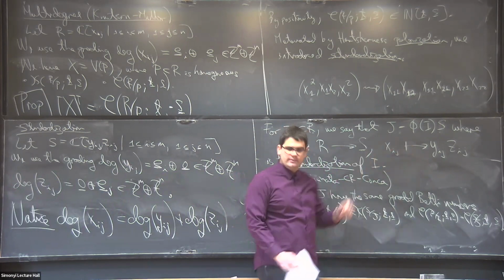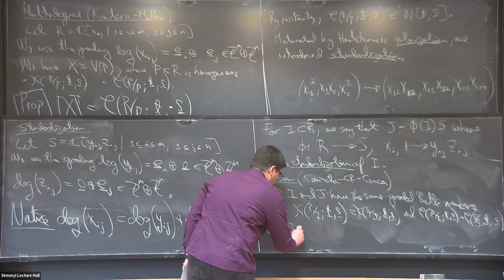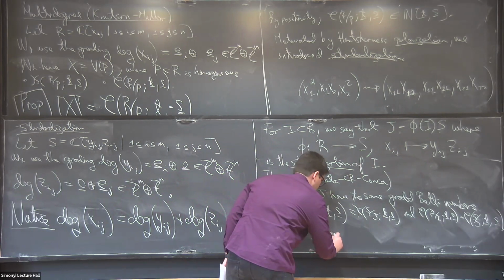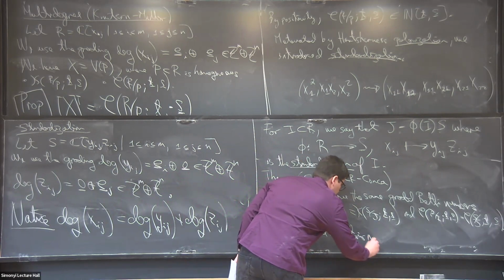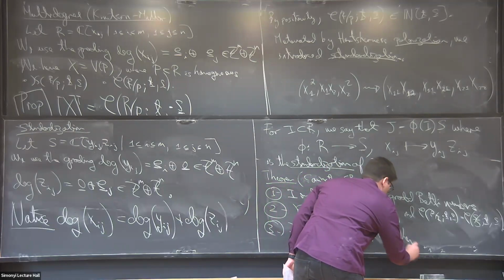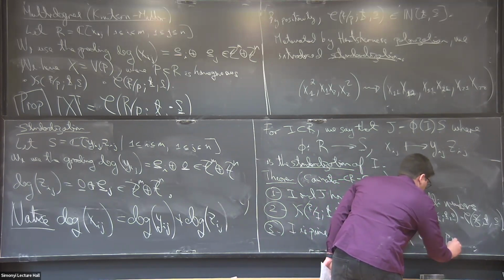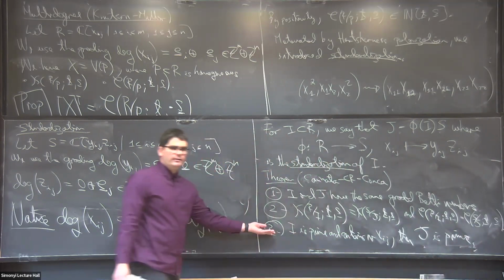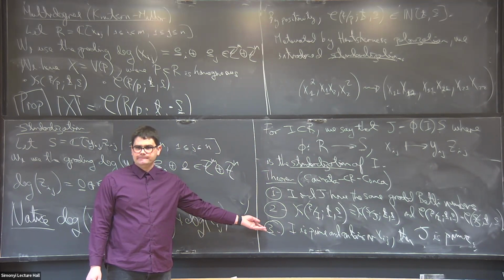So the third part is that if I is prime and contains no variable, then this standardization is prime. This third part is some sort of very algebraic Bertini theorem. Okay.